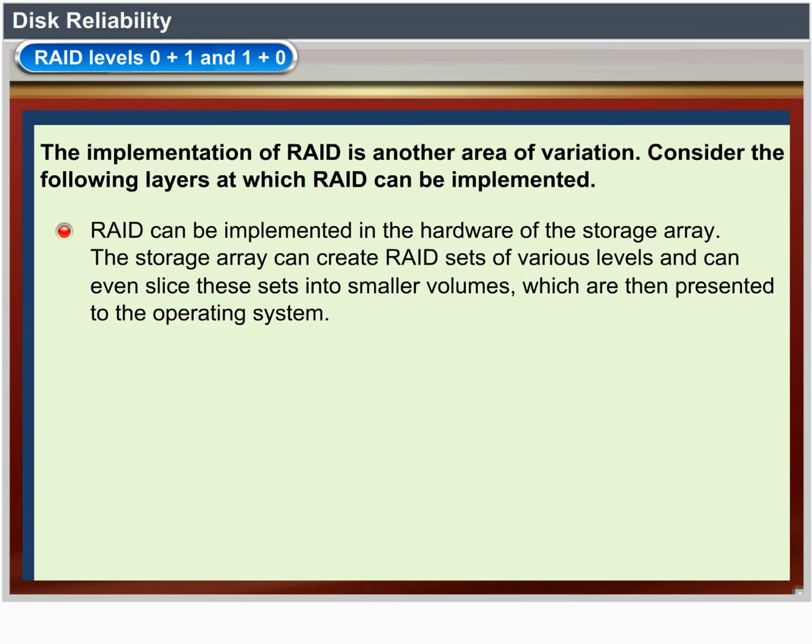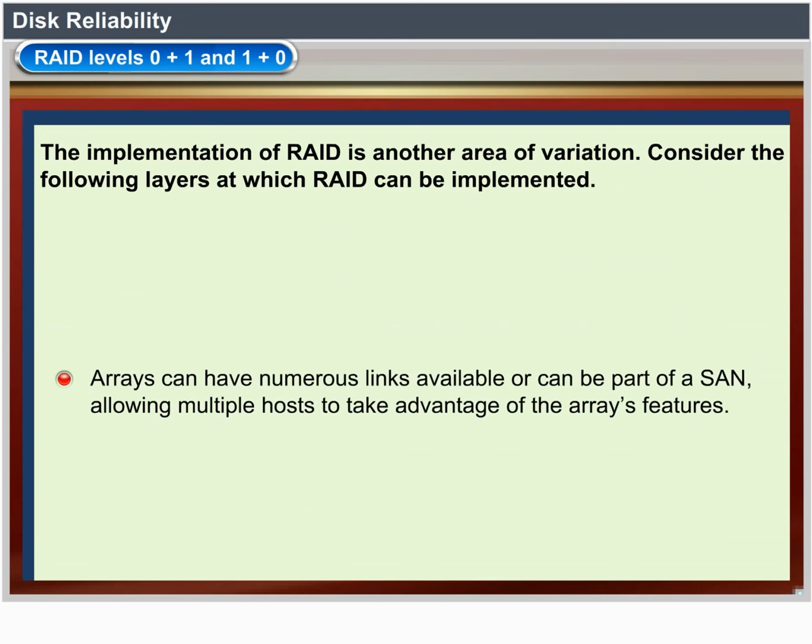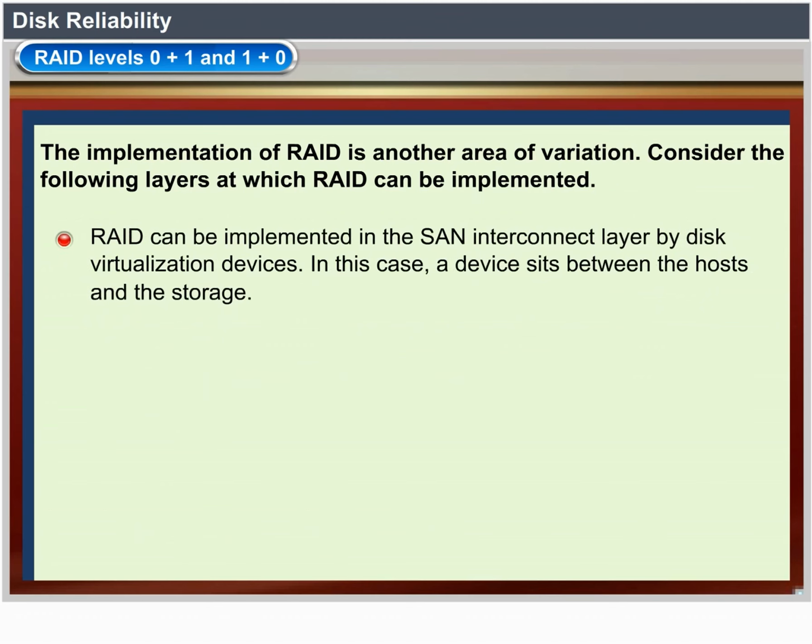The operating system need only implement the file system on each of the volumes. Arrays can have multiple connections available or can be part of a SAN, allowing multiple hosts to take advantage of the array's features.